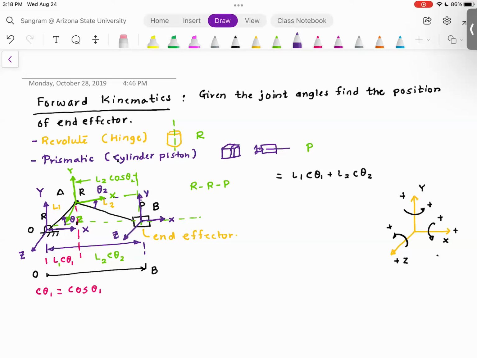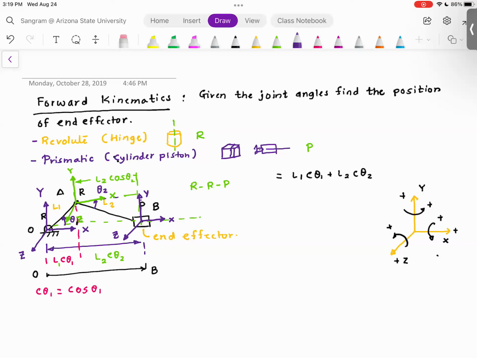Some of you may ask me, should these coordinate systems be aligned? There is no reason that they should be aligned. I mean, if you want to go crazy, you can orient the coordinate system however you want. But why make our life complex? As far as possible, try to align those coordinate systems in the static equilibrium position. So basically right now, nothing is moving. So I would try to align the coordinate systems in this particular case.